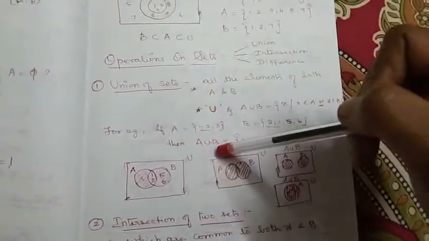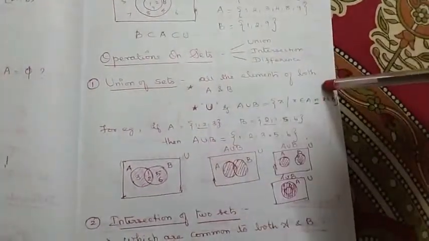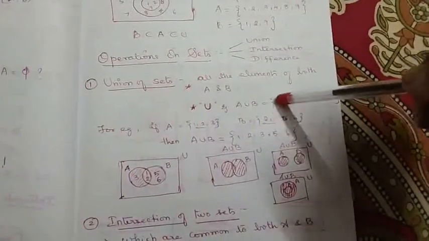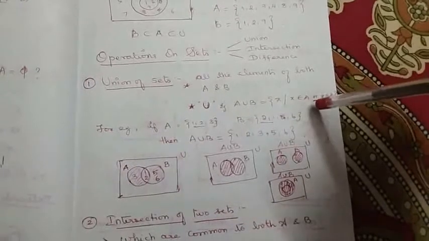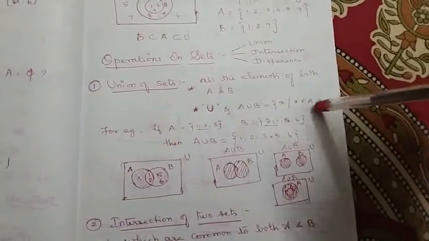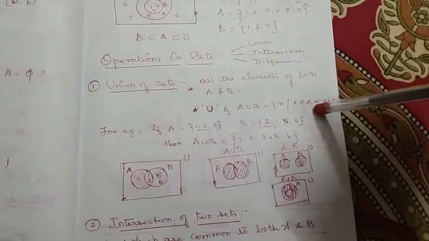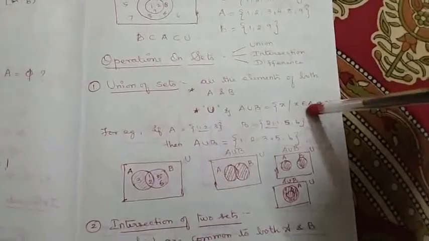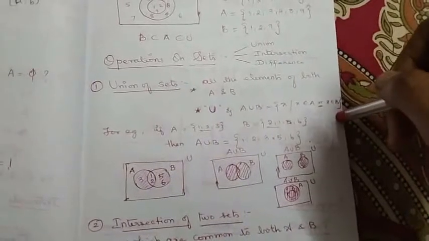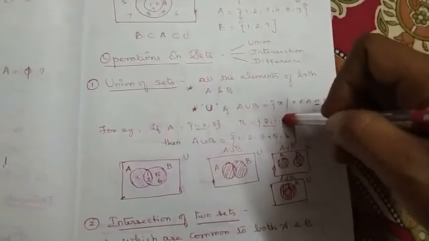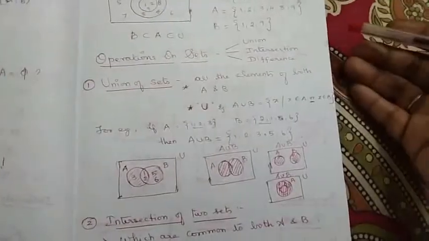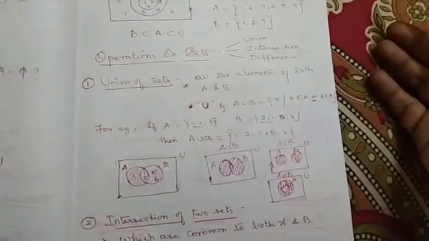So A union B means all the elements of both A and B. That is, A union B is the set of all x such that x belongs to A or x belongs to B. When we use the word or, it denotes that x can belong to either A or B. Then it will come under union. It can be present in any one of the sets. Then it will fall under union.